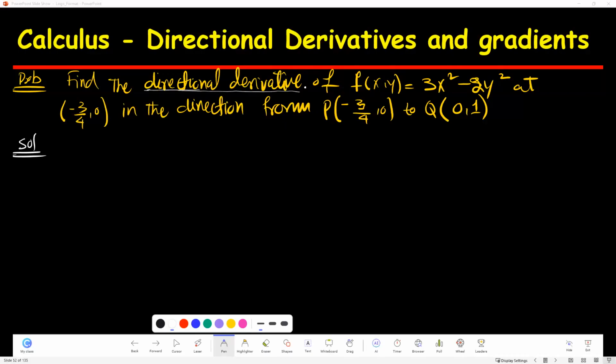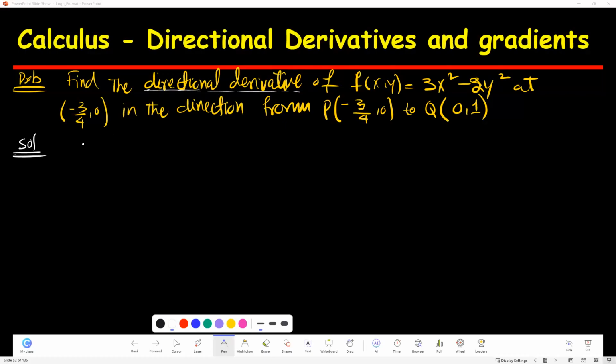So everything is given here, so I'm expecting my answer should be a number. And that answer is technically a number, but the number came from a vector. Just like I showed you, you can find the magnitude of a vector. So I'm expecting in this question the answer should be a number because all the quantities are given to me in a quantitative form.